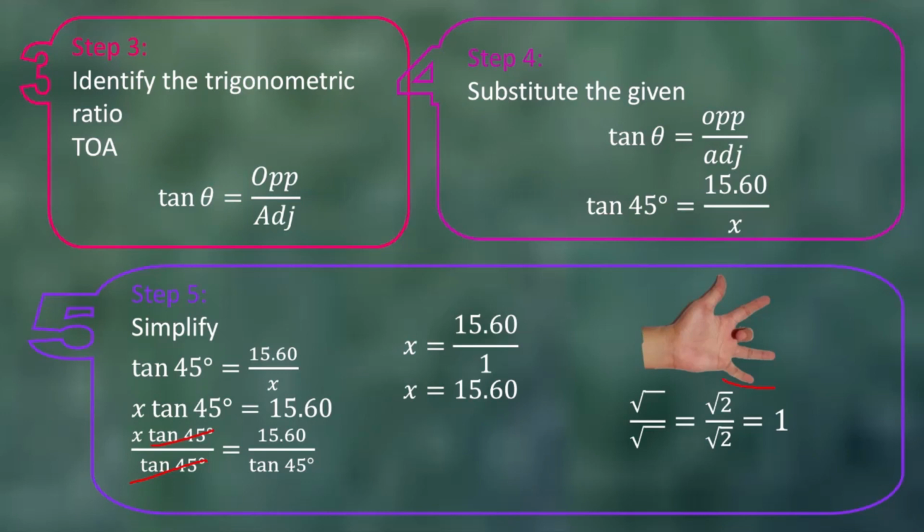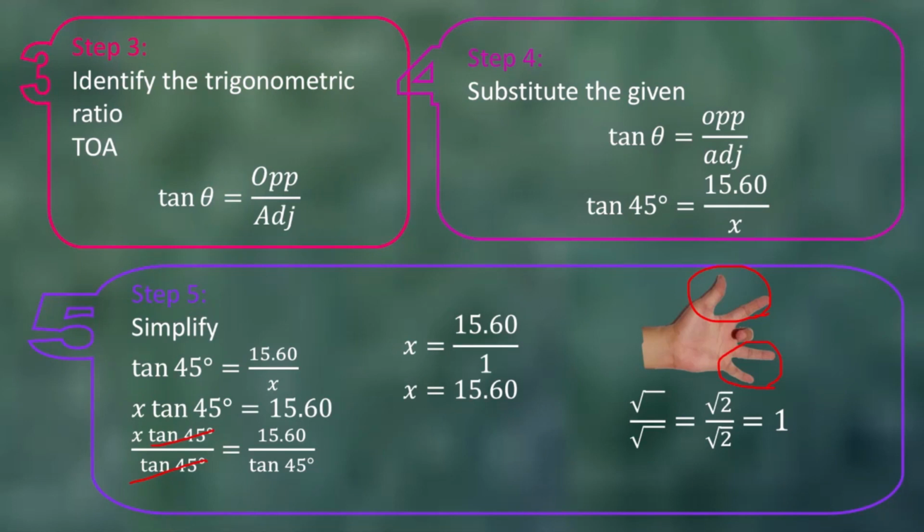Bilangin po natin kung ilan yung sine. Yung bilang po ng sine is yung daliring natira sa baba. At yung cosine naman po is yung daliring natira sa taas. Which is magiging square root of 2 over square root of 2. Square root of 2 divided by square root of 2 is equal to 1. Kaya po ang tan 45 is equal to 1.